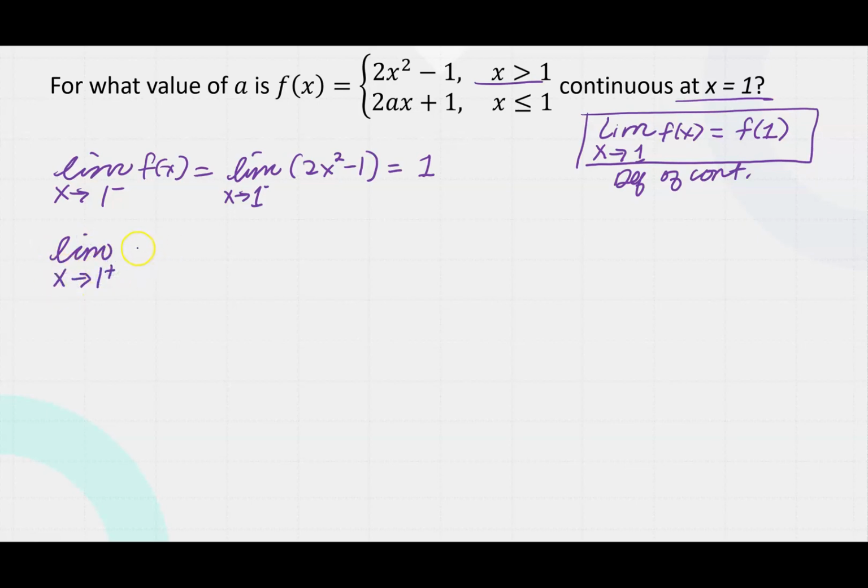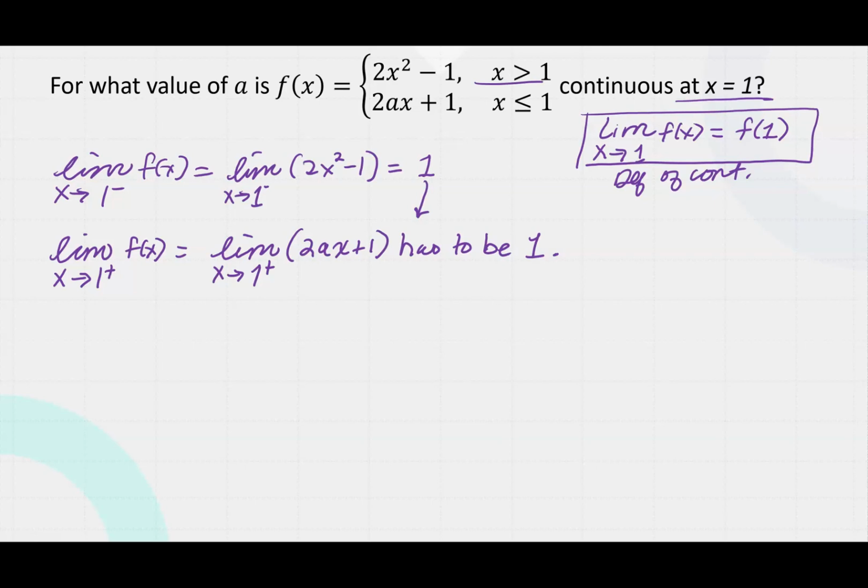So the limit as x goes to 1 from the right-hand side of f of x, which is now dealing with the second branch, has to be 1 for the limit to exist. That's how we're going to find a.